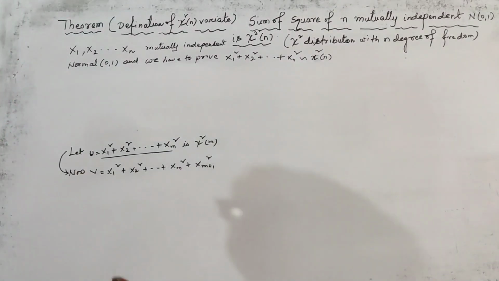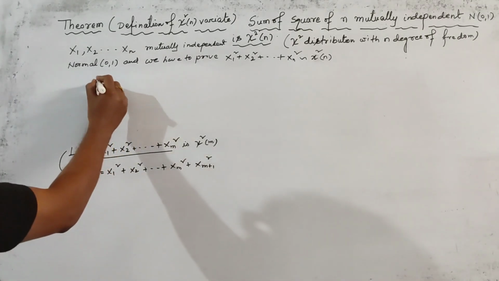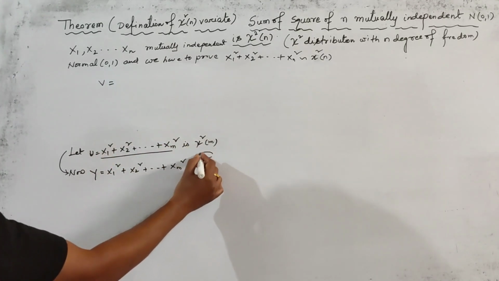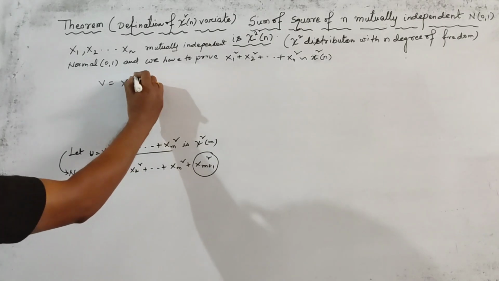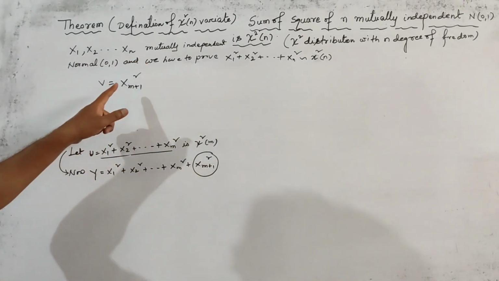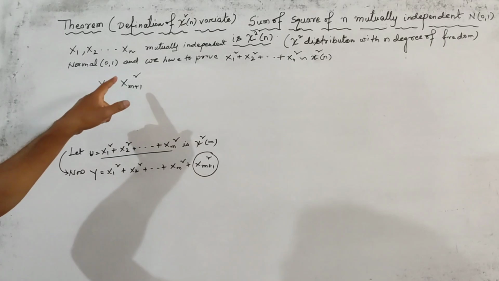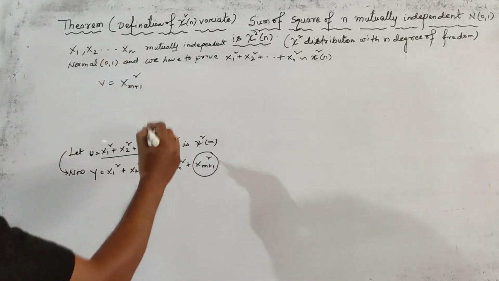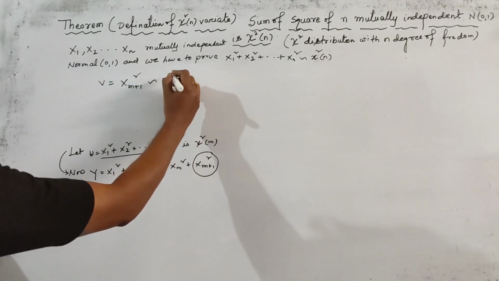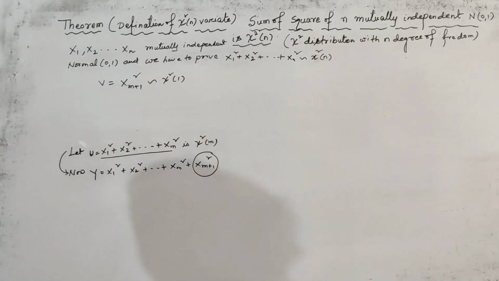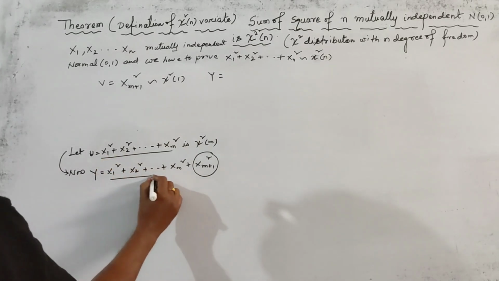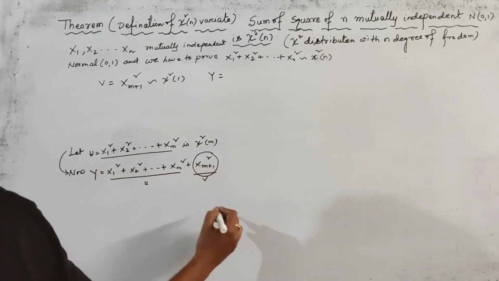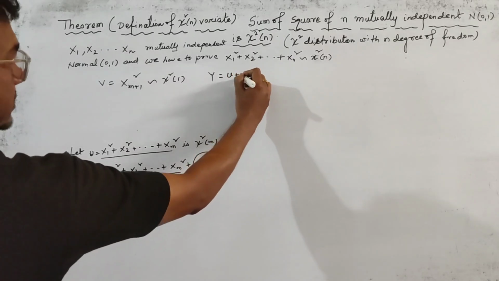Okay, we let that this is not v, this is y. Okay, and we take v equal to the last variable, this is x(m+1) square, and we already proved this is the square of one standard normal variable, so this is given by Chi-Square 1. Okay, so we get here y equal to u plus v.